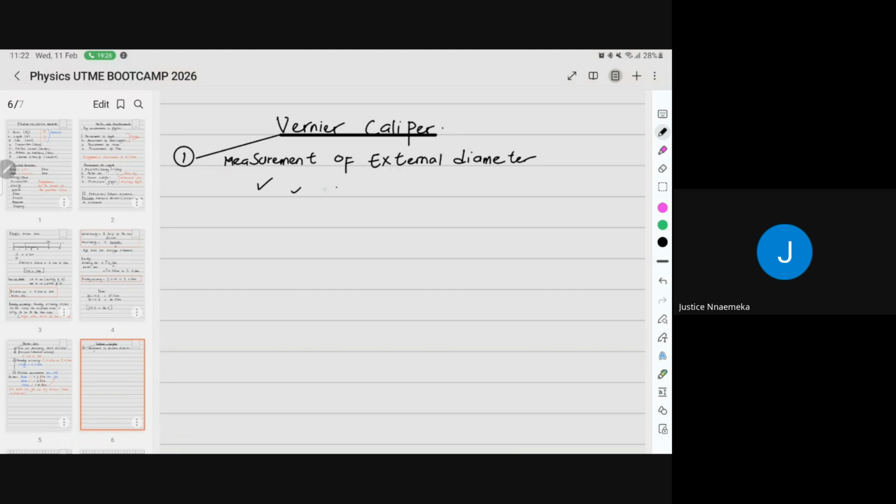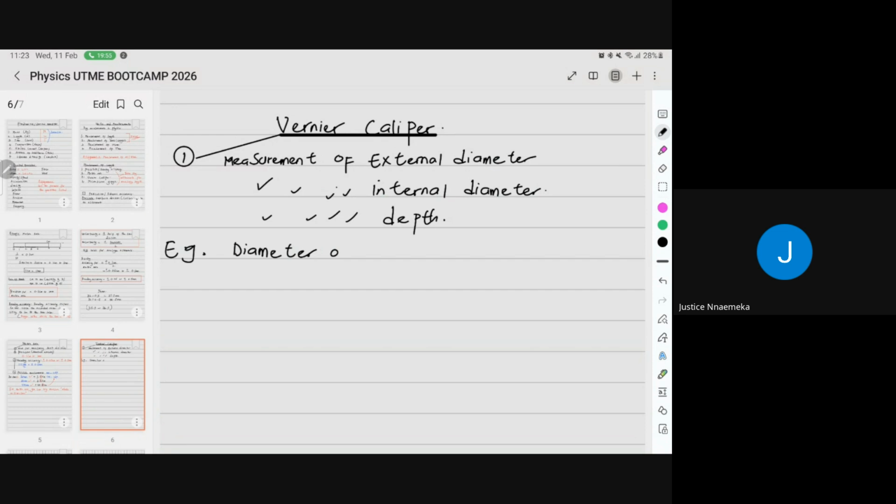Measurement of internal diameter. Measurement of depths. So it all falls down to what? For example, you can measure the diameter of a metal rod. Are we there?